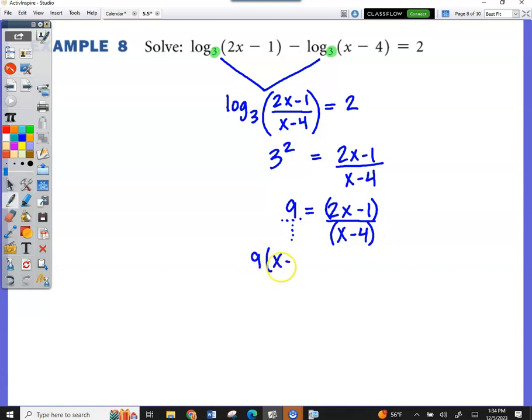So the x minus 4, and then you've got the 2x minus 1, which doesn't go anywhere. Now we distribute. Now we solve.